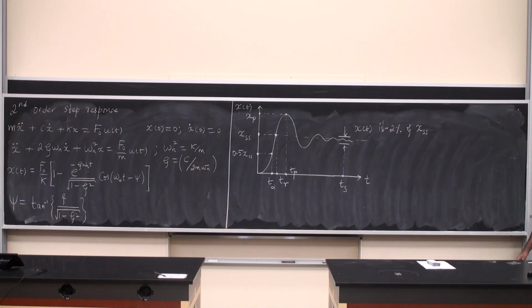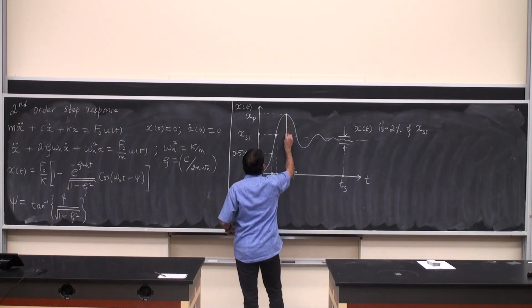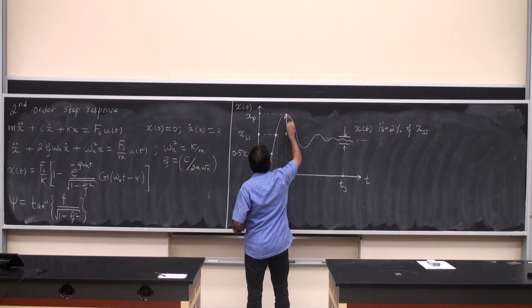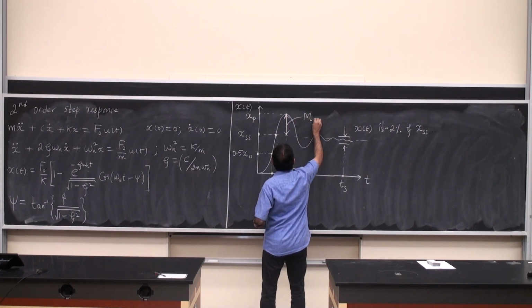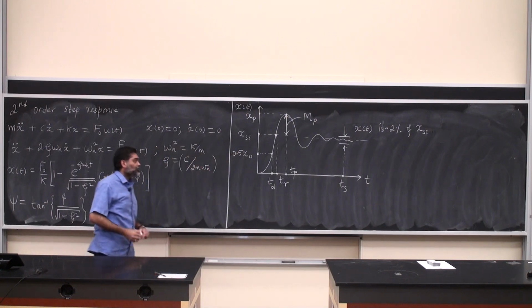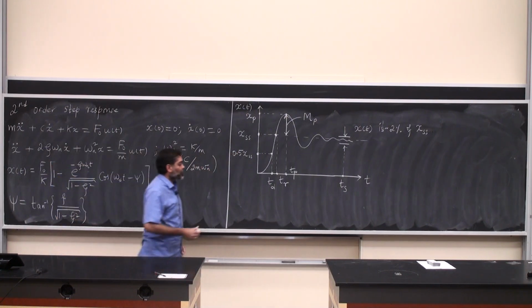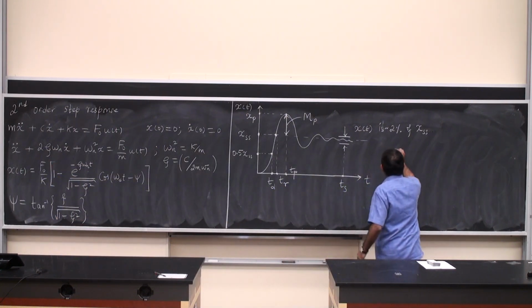The maximum peak overshoot was the difference between steady state and the peak value, right here. M suffix p. Okay, now we are going to write down all these things. Start with the steady state value.